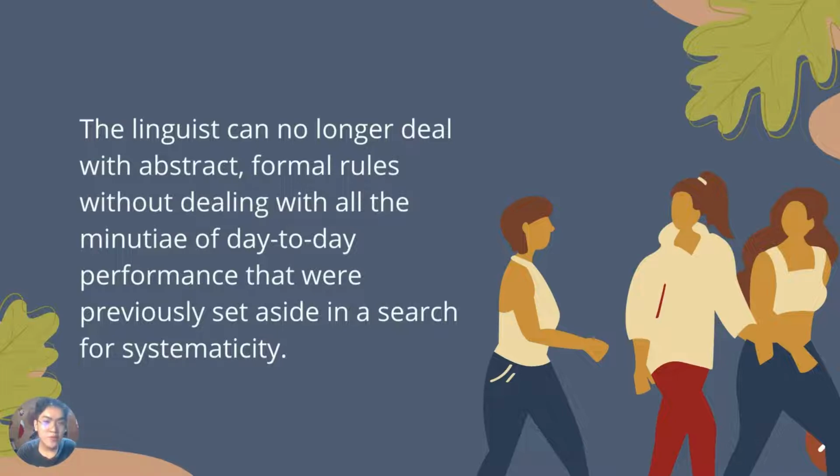The linguist can no longer deal with abstract, formal rules, complexity, without dealing with all the minutiae, the trivial or little things of day-to-day performance that were previously set aside in a search for systematicity. So language is not as complex as we think it should be.